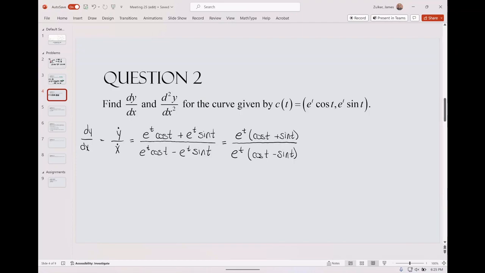So what's the derivative of cosine? Okay. So that would just be dy dx.